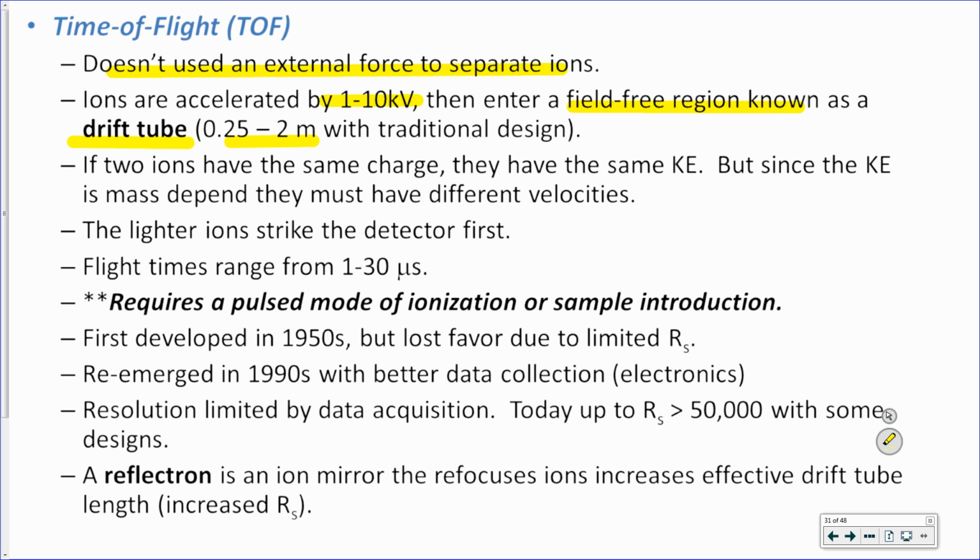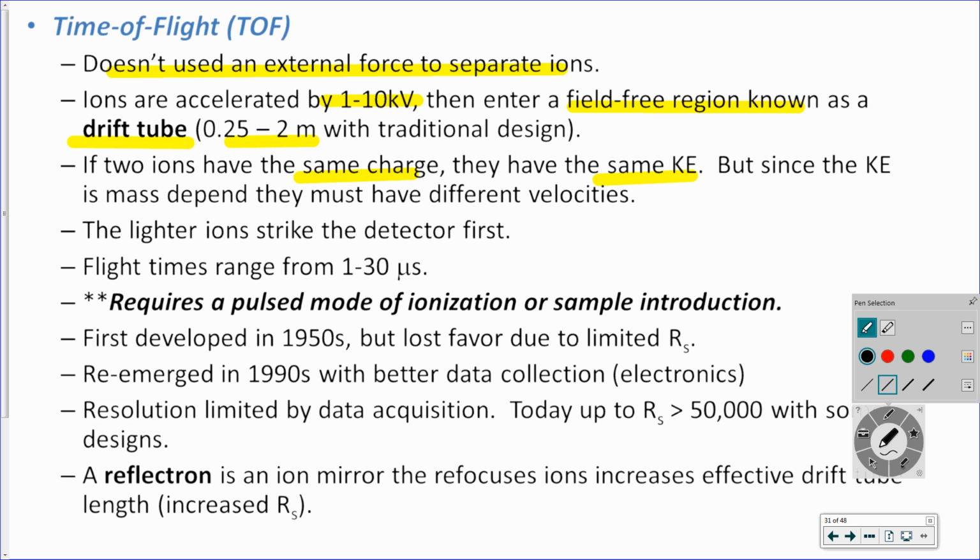Right. So now what happens if two ions have the same charge? That means they have the same kinetic energy. But kinetic energy, if you remember the formula for kinetic energy, I'm sure you all do, is a function of mass.